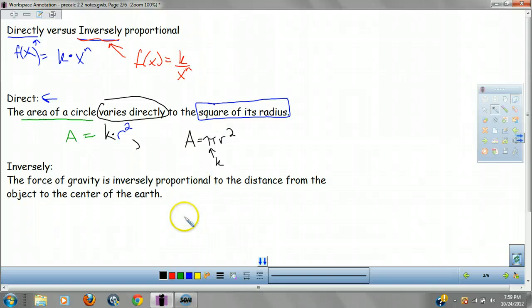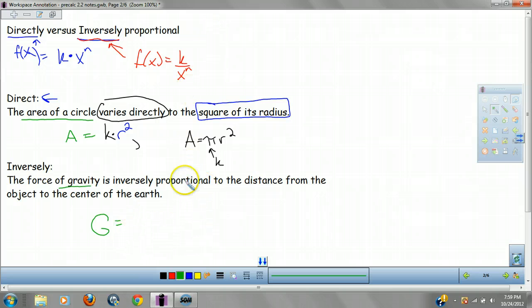Let's take a look at another one. This is good old physics. We have the force of gravity is inversely proportional to the distance from the object to the center of the earth. So my force of gravity is inversely proportional, so I'm going to put that outside with an equal sign.